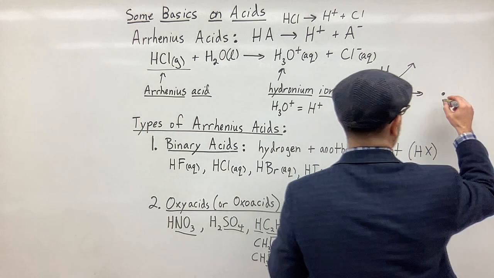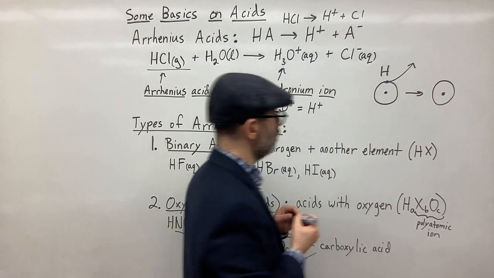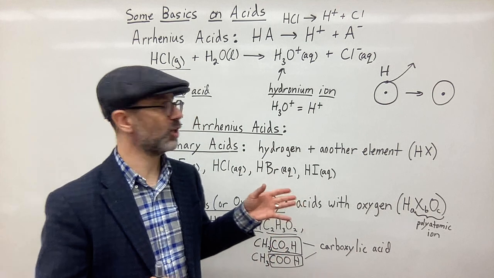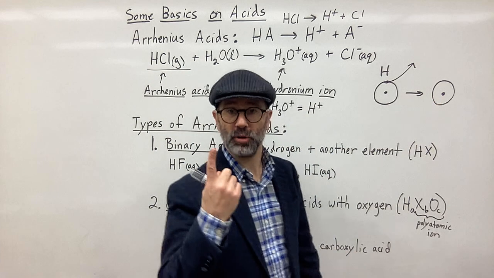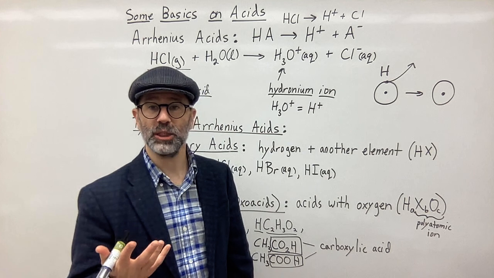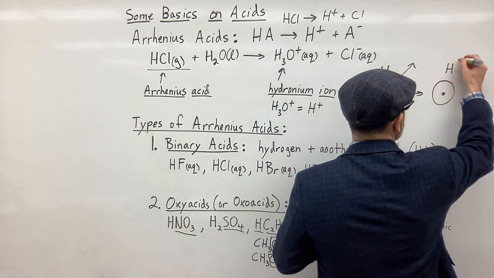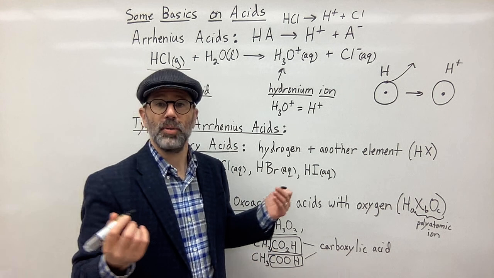So now if I draw this energy level, there's no electron in that energy level. It's completely empty. The only thing you have left is the nucleus with one proton in it. We know that the proton is positive, so we have H plus, which is just a proton, right?